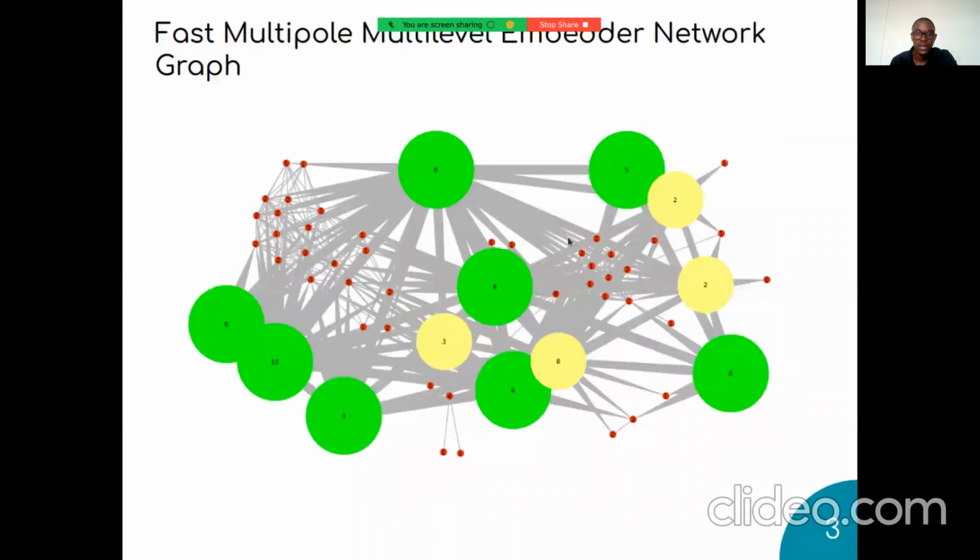So to begin with, this is the visualization we have. It's a multi-level embedded network graph that represents the connections between the different players. Again, the green represents those people that have been world champions before, the yellow represents those that have reached the finals but have never won the game, and the red are those that have never been to the finals.